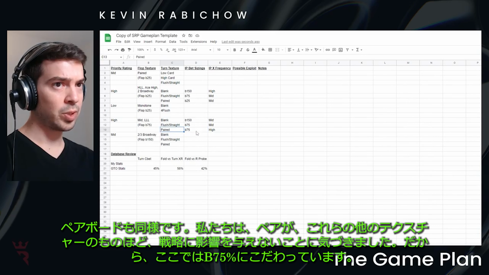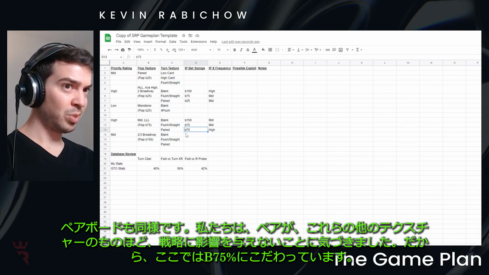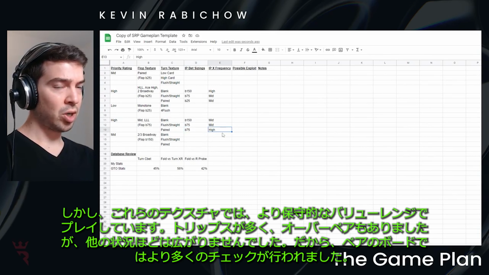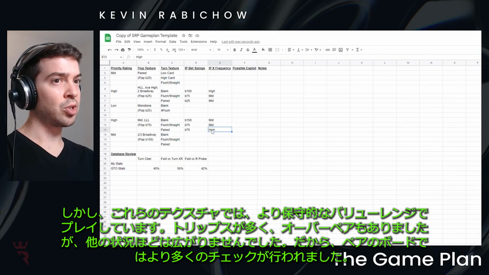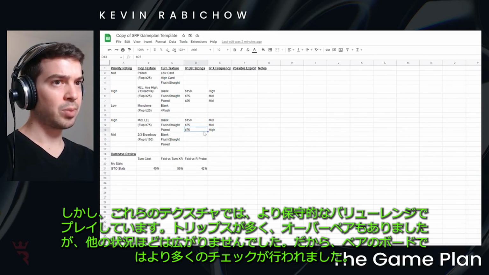Same for the paired board. We noticed that the pairs were not impacting the strategy as much as they were on these other textures. So here we're sticking with B75, but we are playing a more conservative value range on these textures. It was a lot of trips and some overpairs, but not quite as wide as we get to go on these other situations. So more checking happening on the paired boards.